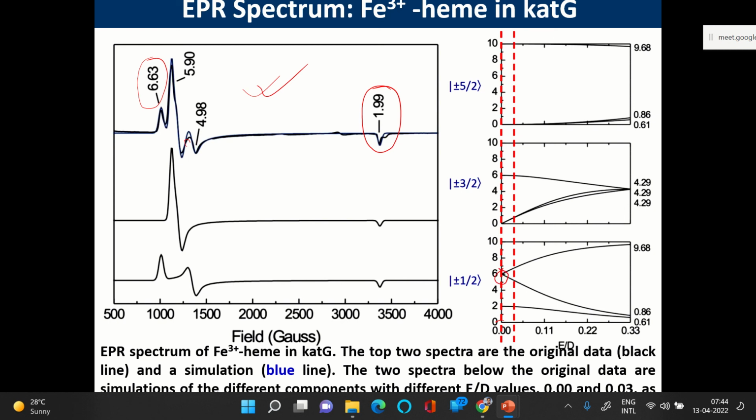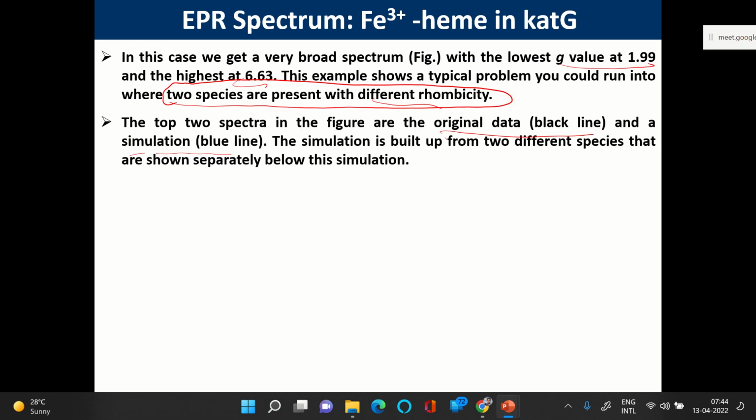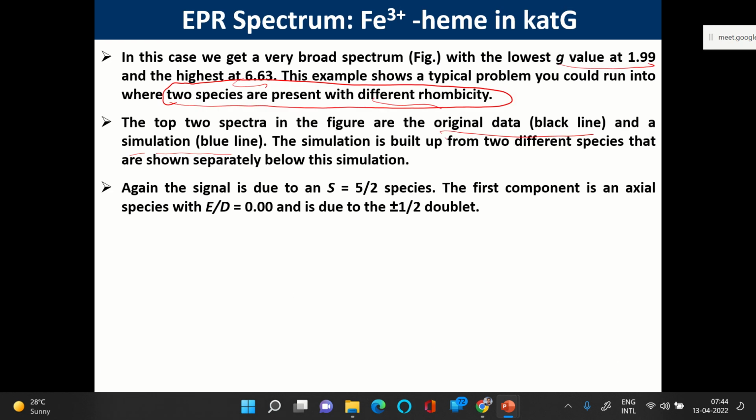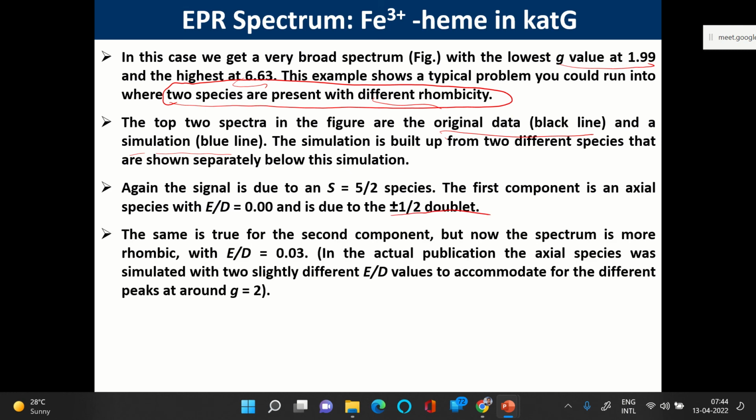So that is the plus minus half doublet. So this is happening at E by D 0, when rhombicity is 0.